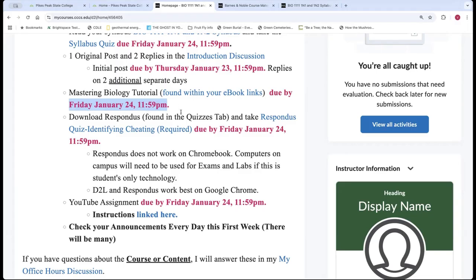Okay, so the next assignment is to download Respondus. Respondus is an AI proctoring test tool that is on D2L. So with that, it's going to be found in the quizzes tab. And then after you download it, you are going to take the Respondus quiz.